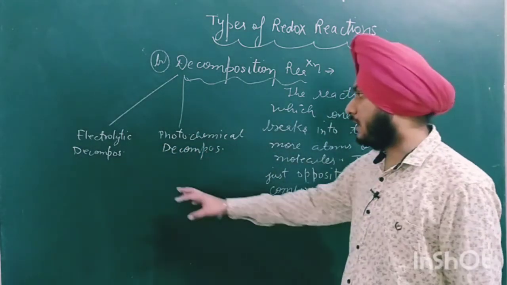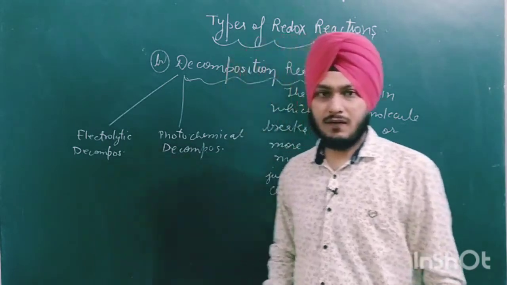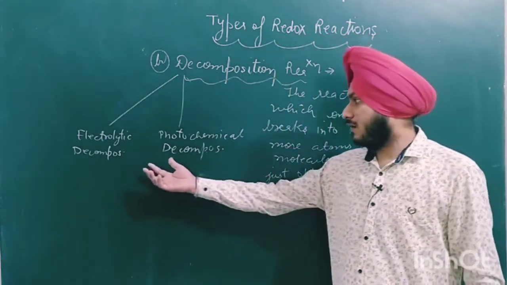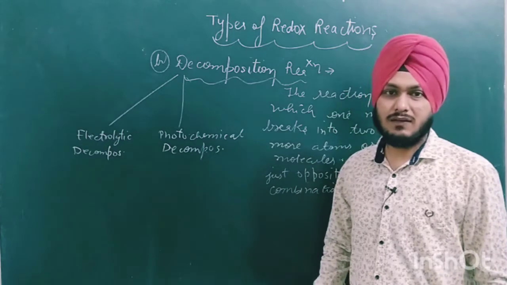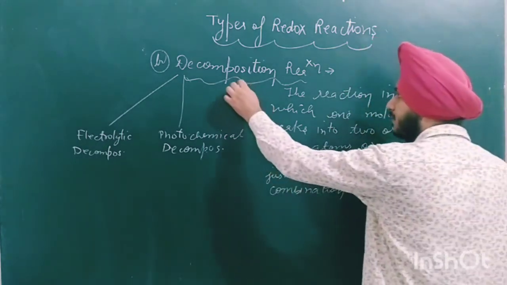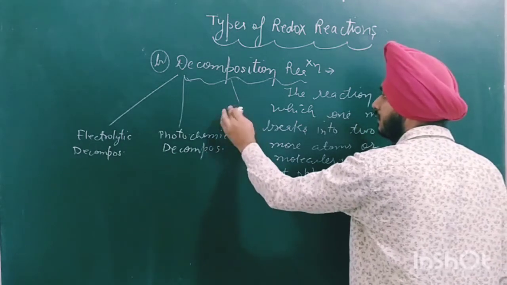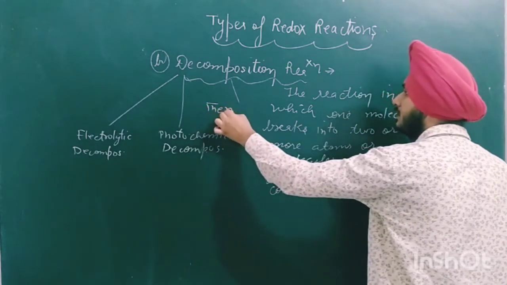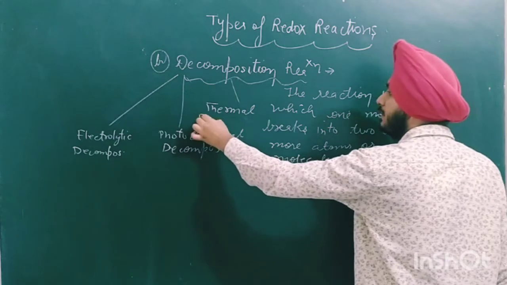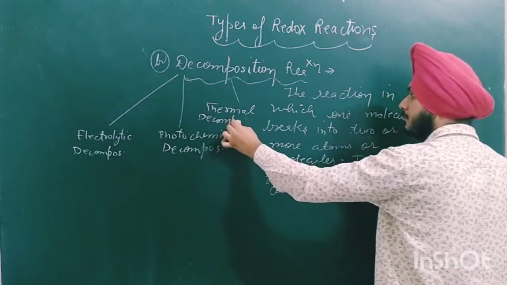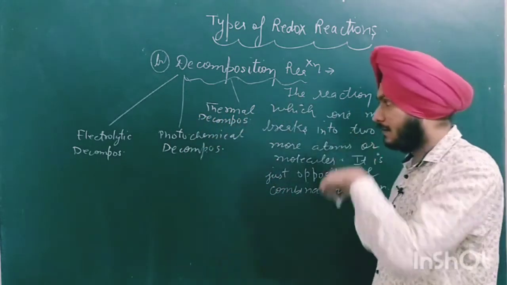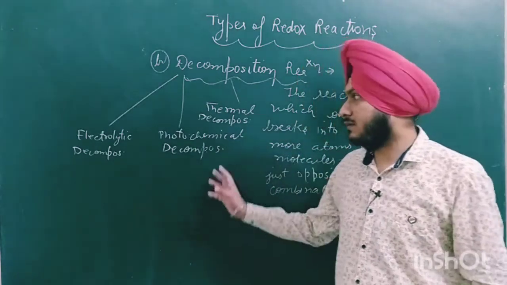Okay, so electrolytic decomposition means... we also have a third one. The third one is thermal decomposition, which means breaking in presence of heat. So let us discuss 2 or 3 examples of these three.